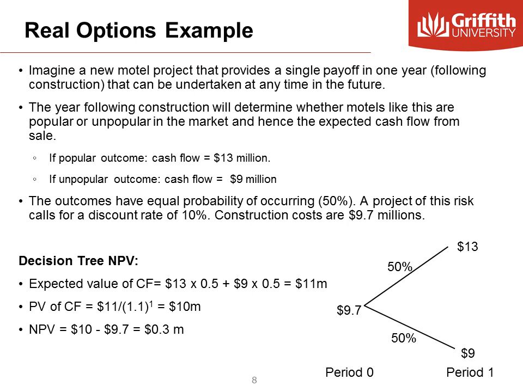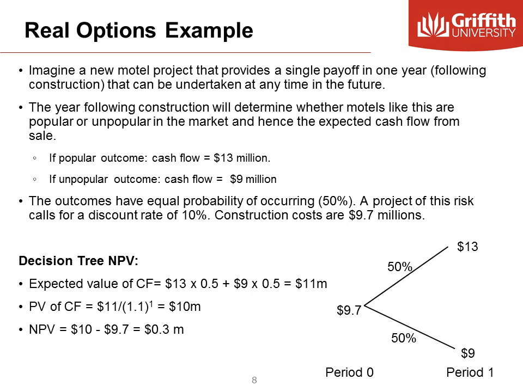And discounting this at 10% discount rate gives us a present value of cash flows of 10 million. If the current construction cost is 9.7 million, then the project's NPV is 0.3 million. As the NPV is greater than 0, we would accept this project.